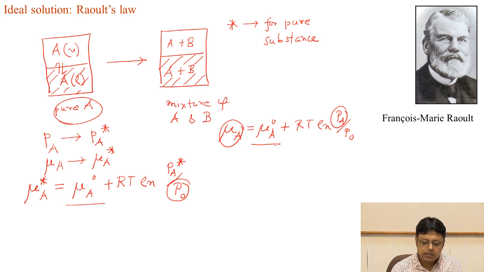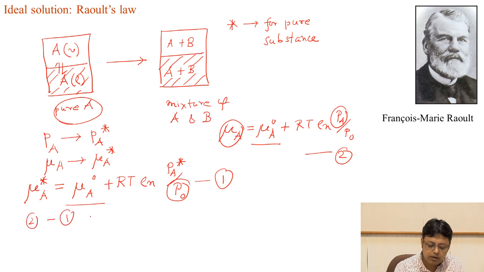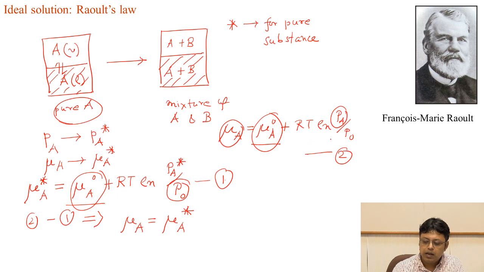So what Raoult's law says is this: if we take the difference between these equations, calling them equation 2 and equation 1, then 2 minus 1 gives mu A minus mu A star, with mu A star moved to the right hand side, so mu A is mu A star plus... The mu A0 terms cancel with each other, and we have RT ln PA by P0 minus RT ln PA star by P0.